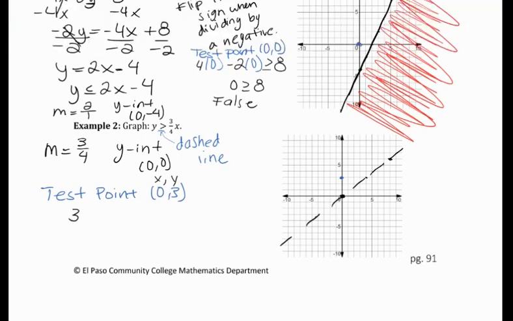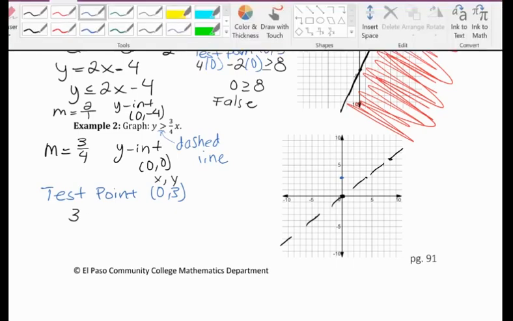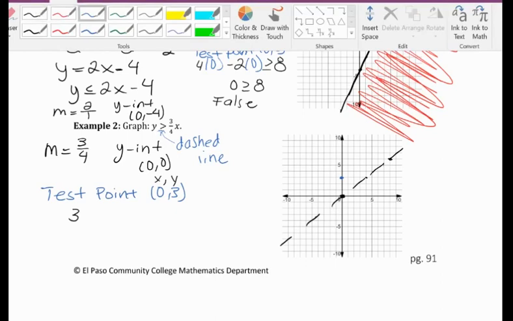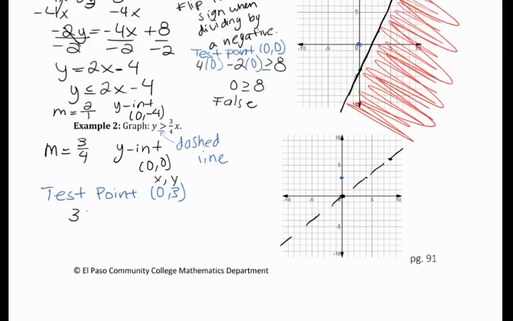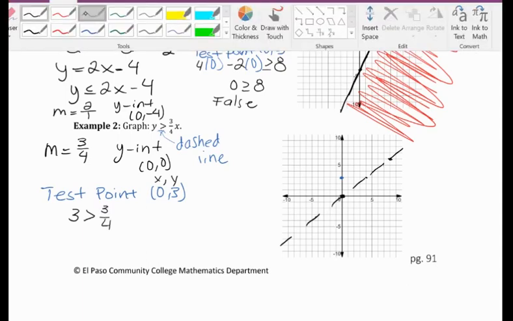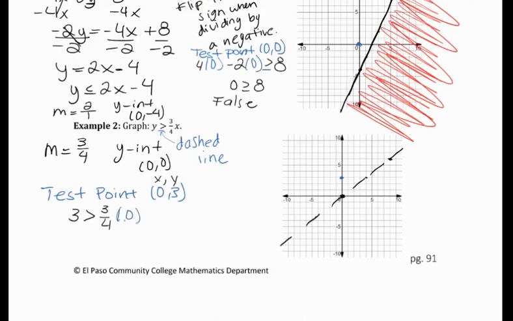So we have 3 is greater than 3 over 4 times 0, which is 0. So is 3 greater than 0? Yes, this is true. Since my statement is true, we're going to shade on the side where that test point is. So we're going to shade over here.